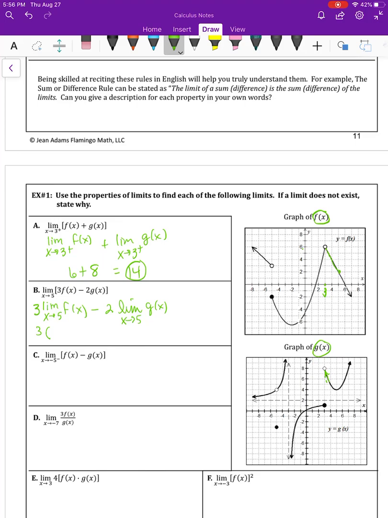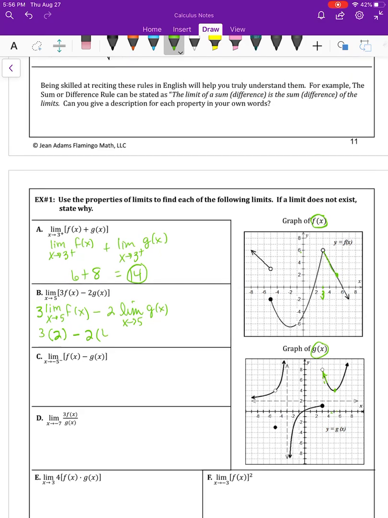So right here is where I land, and I get 2. Now I go to g of x. I'm approaching 5. I land here. I get 4. 6 minus 8, negative 2. Okay, this is going to be the difference.